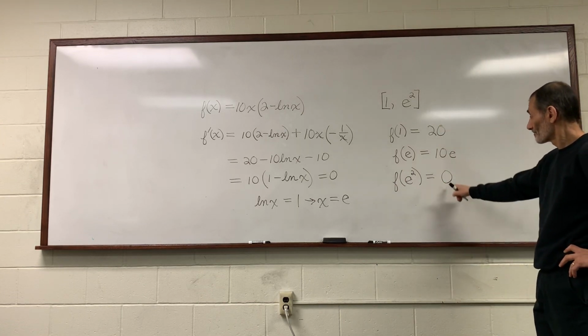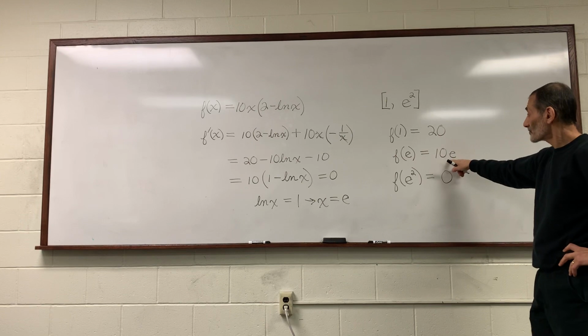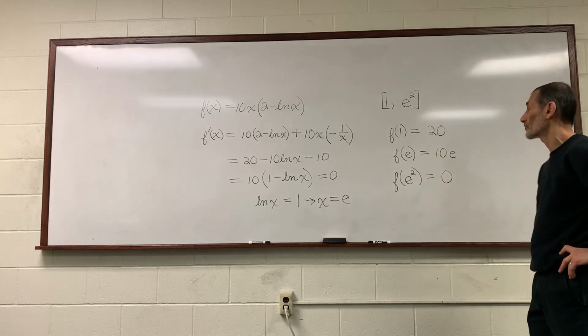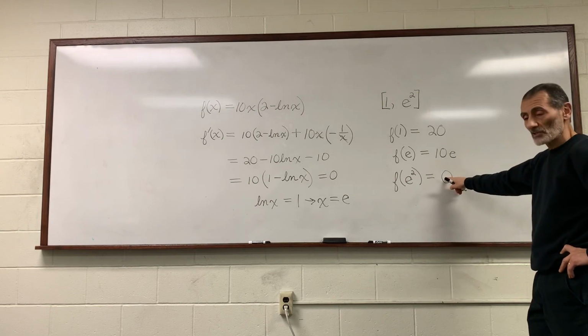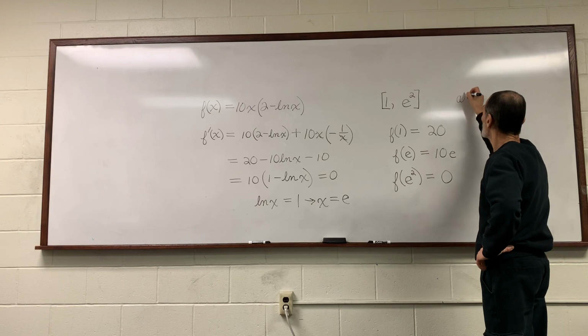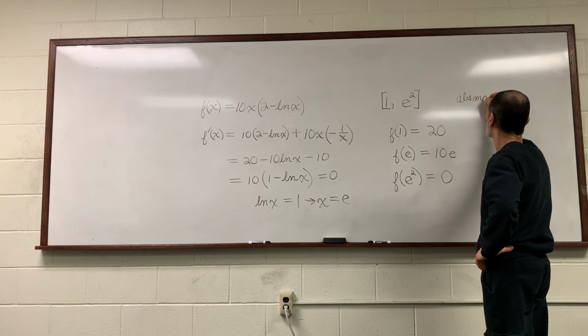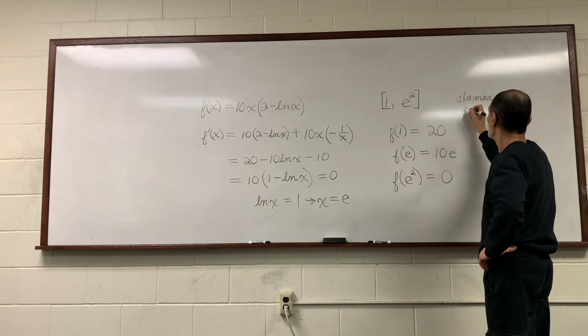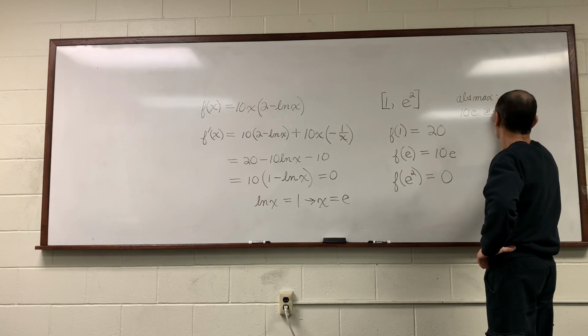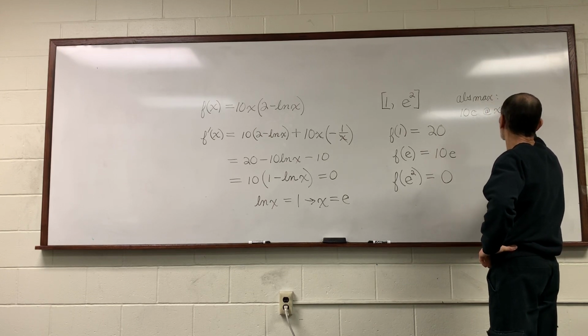Again, the greatest y value is the maximum, and we know that 10e is greater than 20. The smallest y value is the minimum. So, our absolute max is 10e at x equals e.